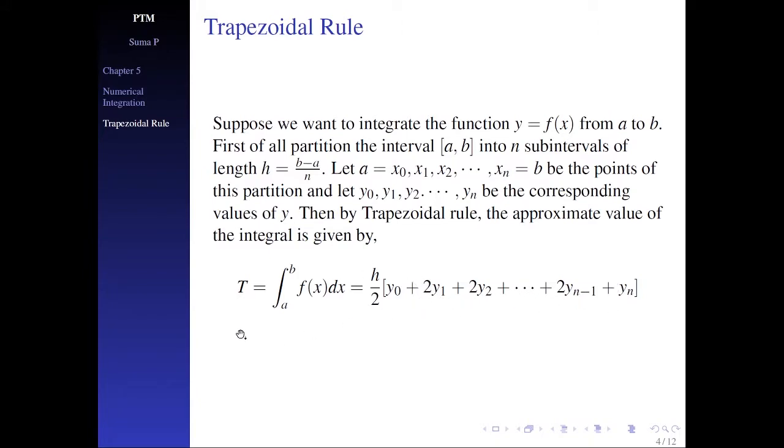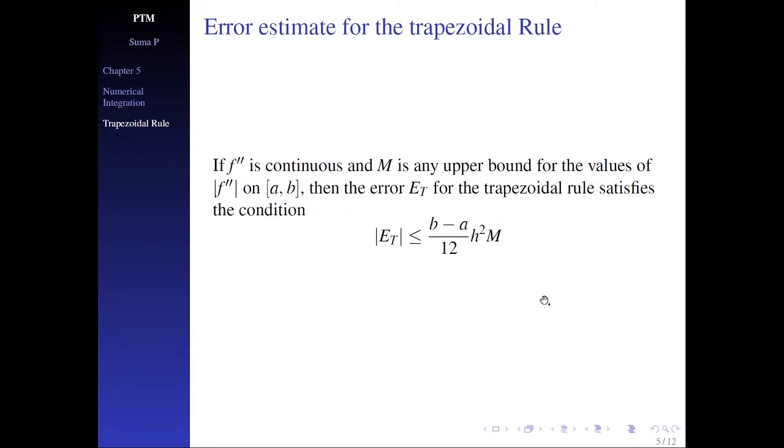It is denoted by the letter T. So we have T equal to integral a to b f(x) dx, equal to h by 2 into (y0 plus 2y1 plus 2y2 plus etc. 2yn minus 1 plus yn). y0, y1, y2, etc. are the values of the function when x equals x0, x1, x2, etc., xn.